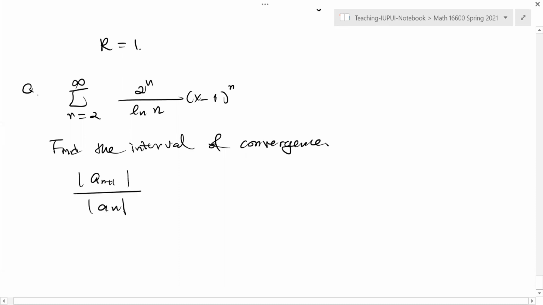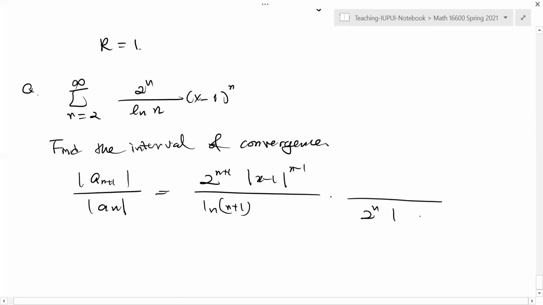I'll get 2 to the n plus 1, absolute value of (x minus 1) to the n plus 1, natural log of n plus 1, and turn this upside down: 2 to the n, (x minus 1) to the n, and the natural log of n.